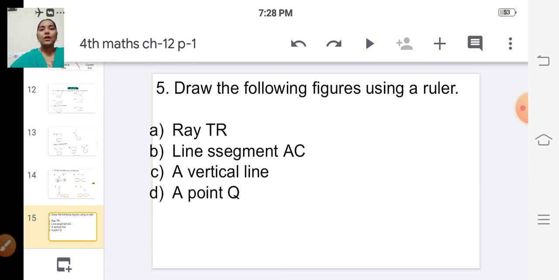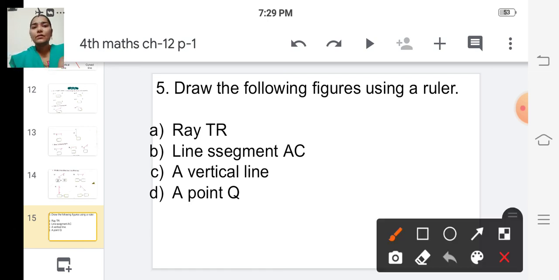Fifth one. Draw the following figures using a ruler. First one, ray TR. So we have to put 2 points T and R, and we have to draw a ray. That means we can extend it from any one side.